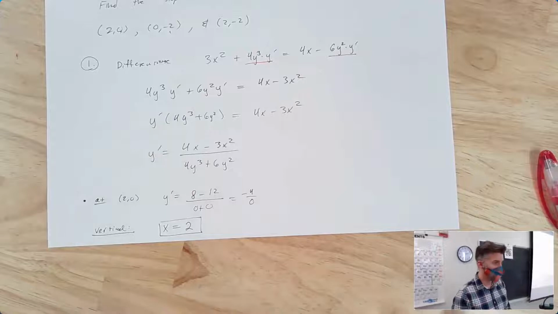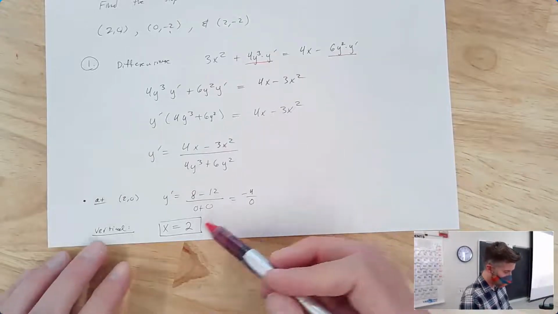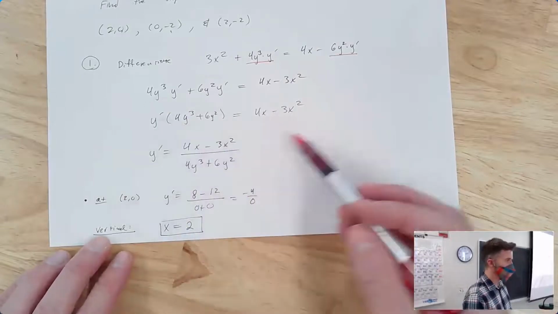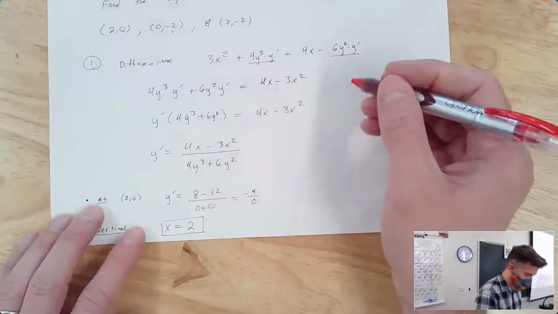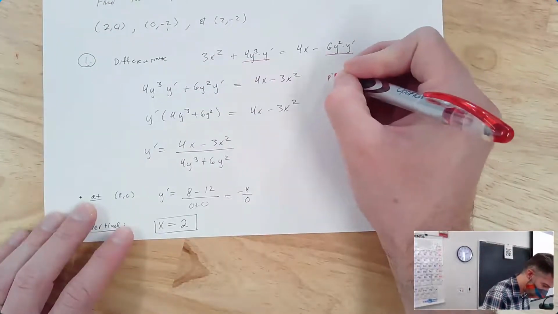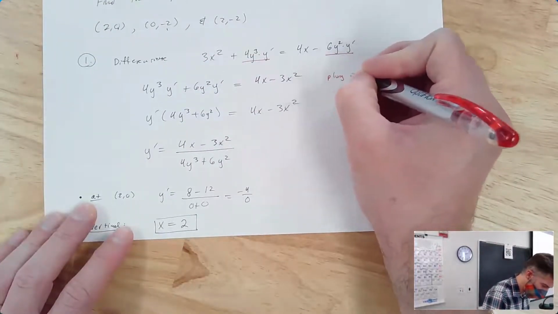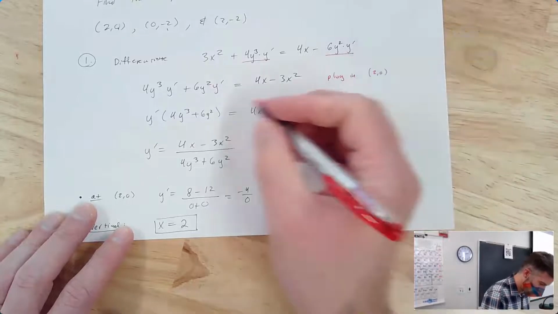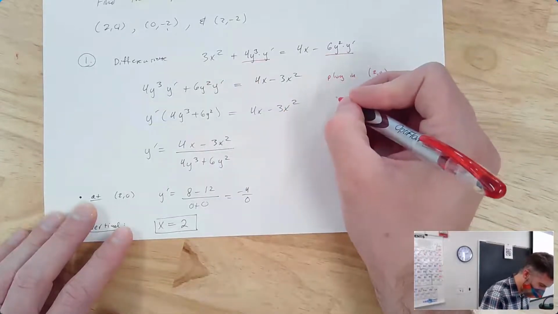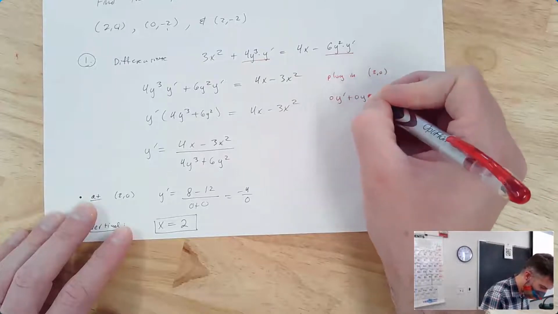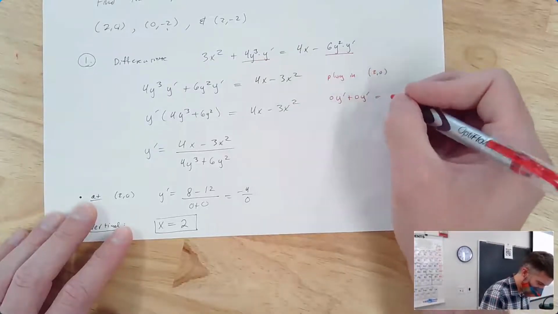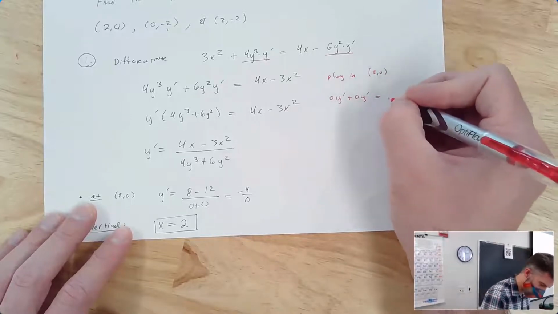Also, something to be aware of, and this is something I've seen over the years, is that if you were trying to plug in this point in particular before doing all the work, you do run into problems. If we plug in (2, 0), on the left-hand side we get 0 y prime plus 0 y prime equal to 8 minus 12.